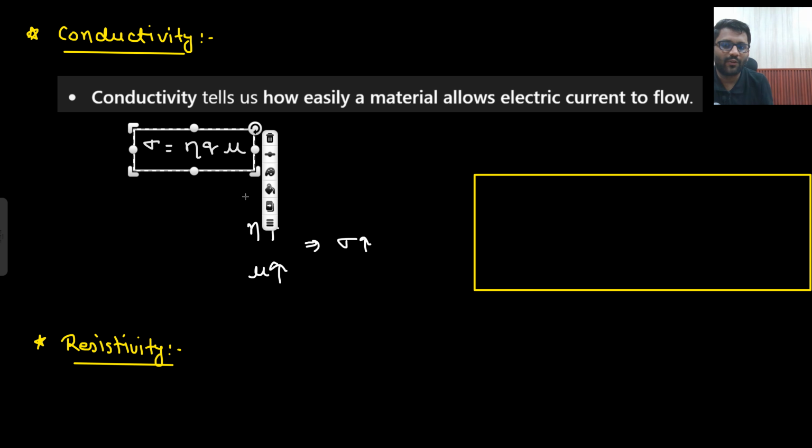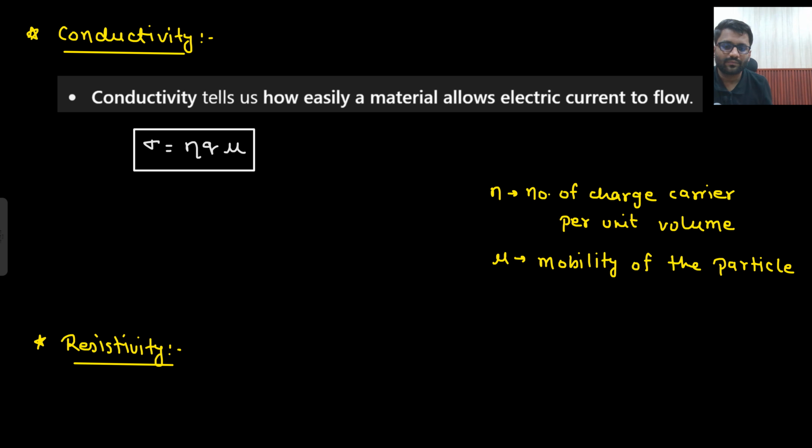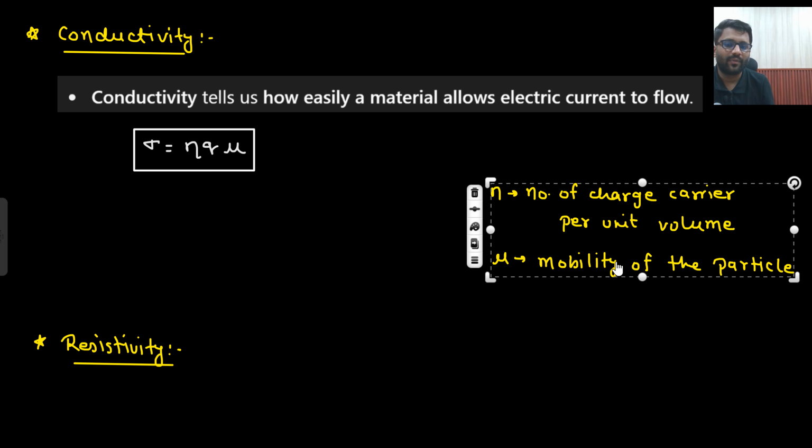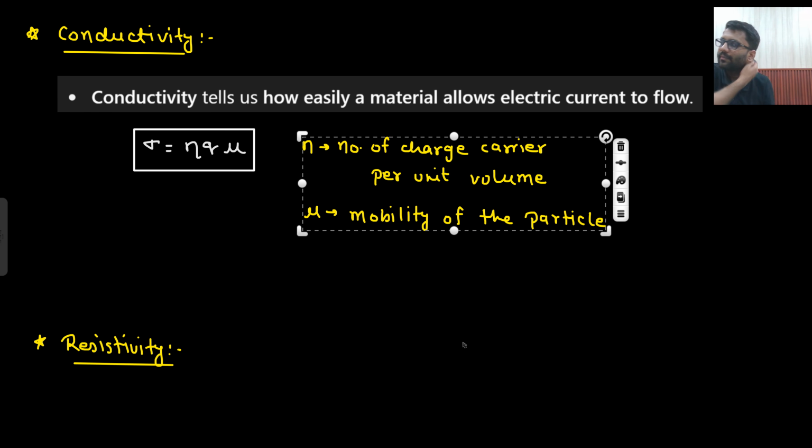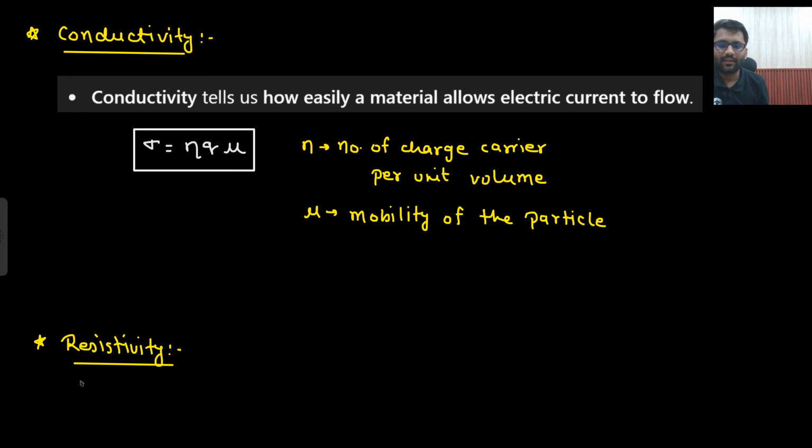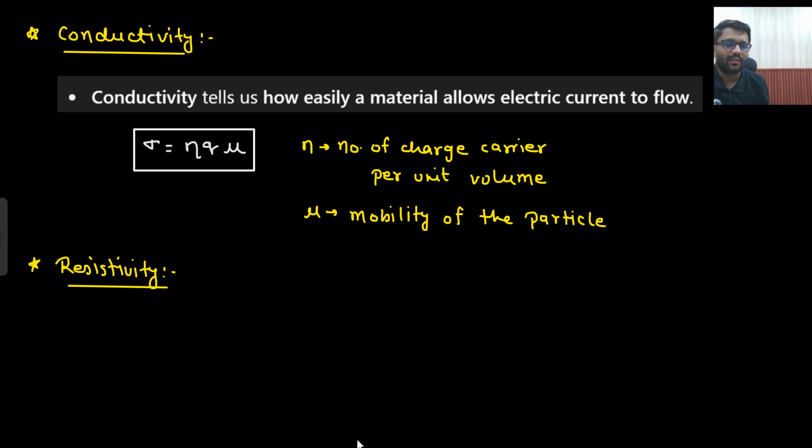Like in class 12th as well, you might have studied this formula. What is n, what is q, what is mu? n is the number of charge carriers per unit volume and mu is the mobility of a particle. Right? Now what is resistivity? This word resistivity, have you heard? Resistivity is just the reciprocal of conductivity.